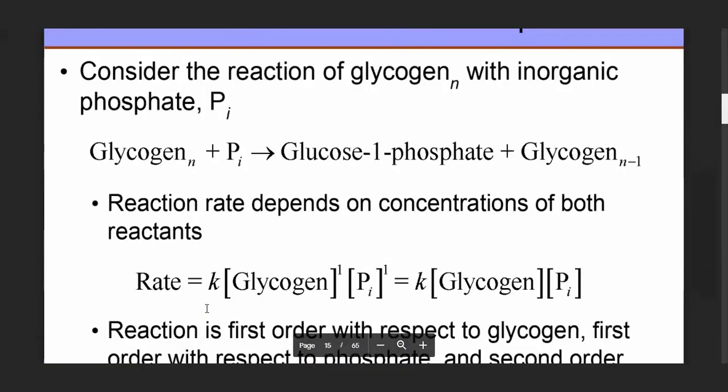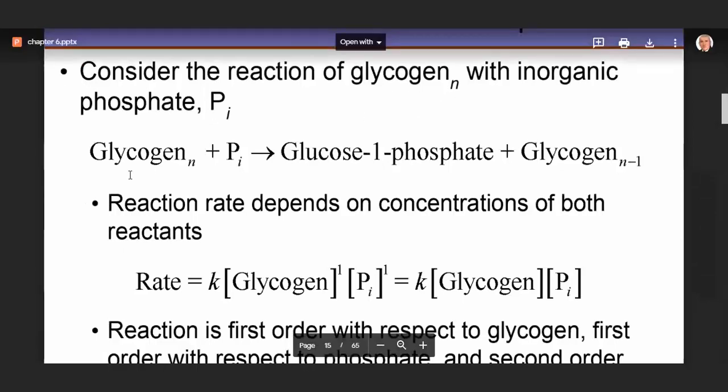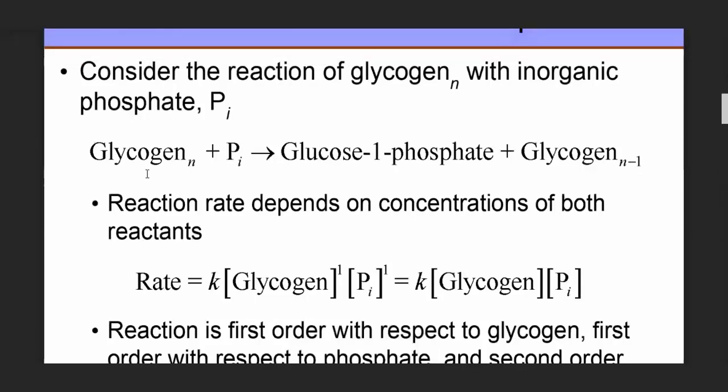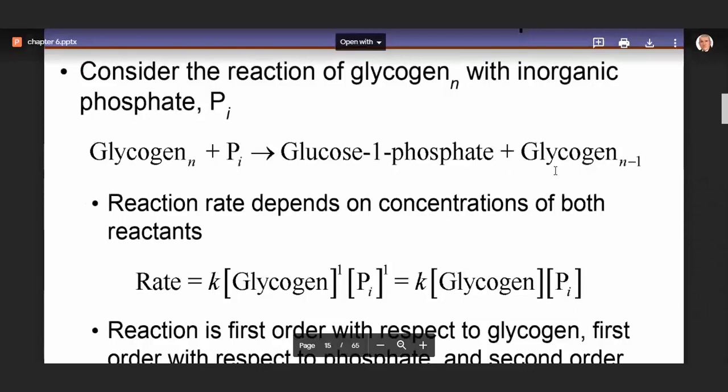Now these are some examples. Consider the reaction of glycogen with inorganic phosphate Pi, and this occurs in glycogen breakdown. The enzyme is called glycogen phosphorylase. The rate depends on the concentration of both reactants.